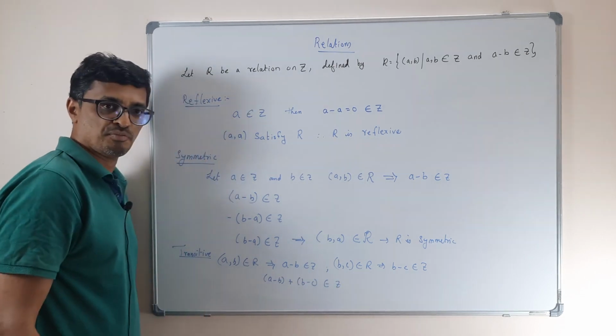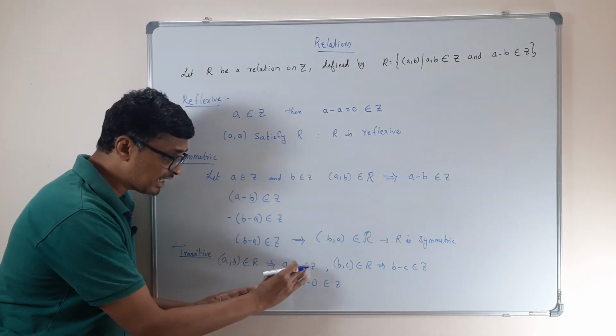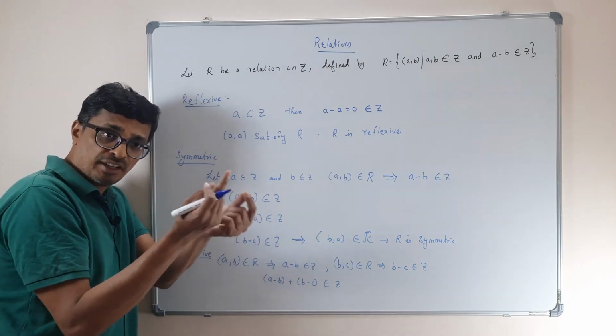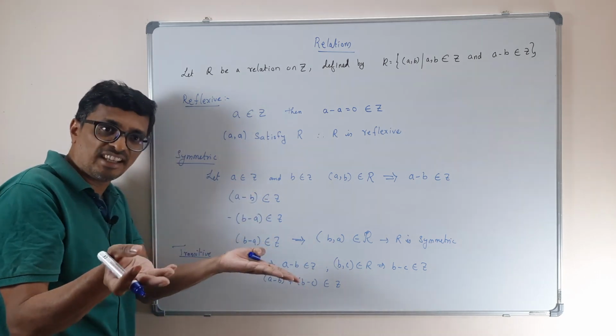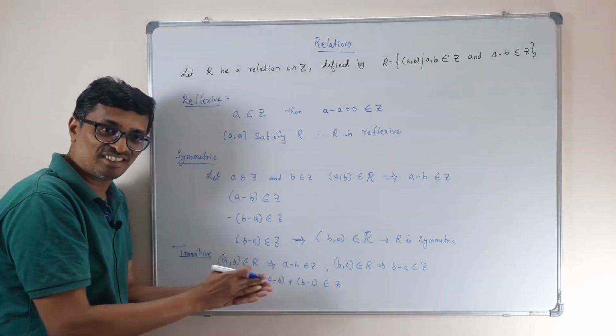Yes, because b will cancel. No, not cancel. Each is an integer, and the sum of any two integers will be another integer. Don't go with that. Don't cancel it.